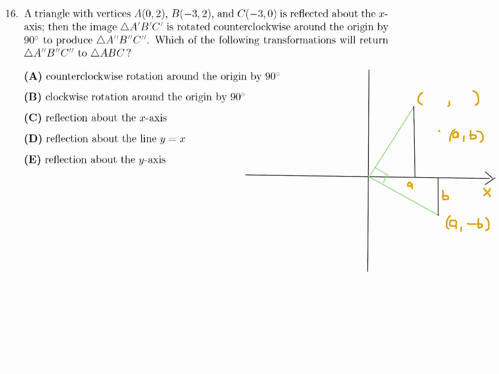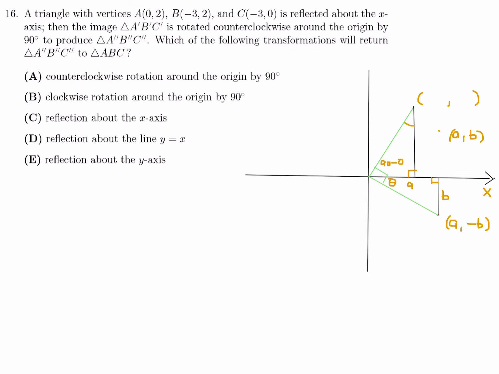And because this is 90 degrees right here, I've got a triangle that basically, I hope, mimics this one right here. Because this one is 90 degrees, and if this angle in here, let's say, was theta, this angle is 90 minus theta. 90 minus theta from here to there.